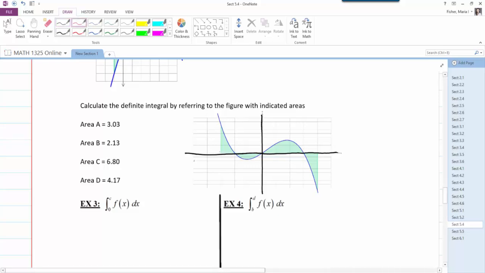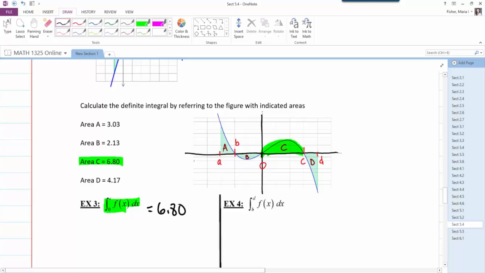So at this point on my x-axis is A, this is B, this is 0, this is C, and this is D. And we're going to call this area A, this is area B, this is area C, and this is area D. So if I want to find the integral from 0 to c of f of x dx, what I want to find is the area from 0 to c of this graph. Well, that's area C. What is the answer for area C? In this case, that's equal to 6.80.